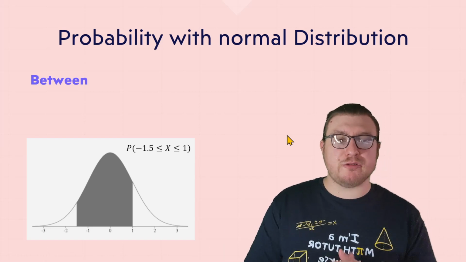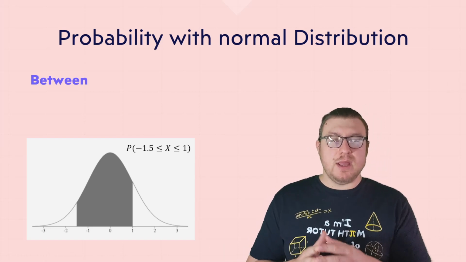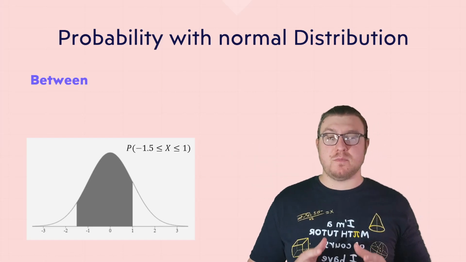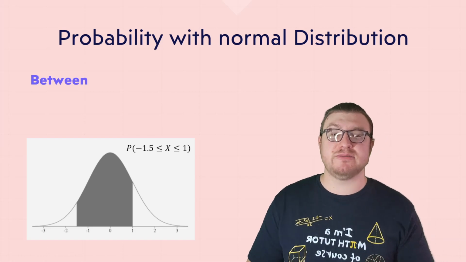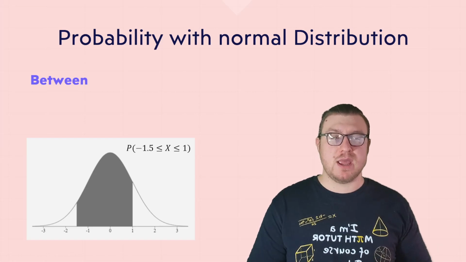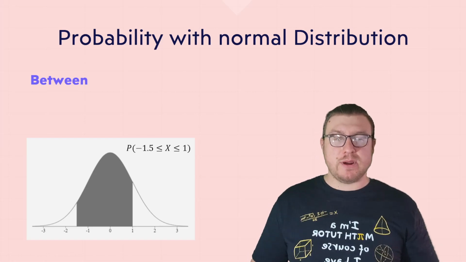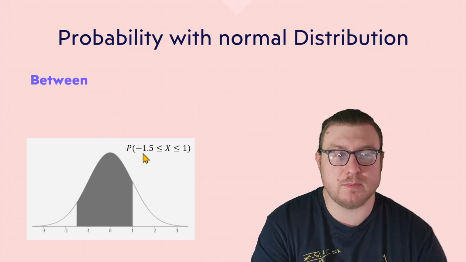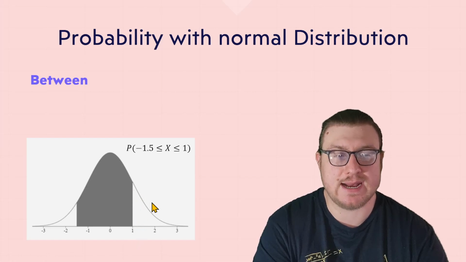Okay, here we've got our first normal distribution. Our probability statement is the probability that the random variable x takes on values between negative 1.5 and positive 1. If we look at our drawing, we can see that the area starts at the bound minus 1.5 and ends at 1.